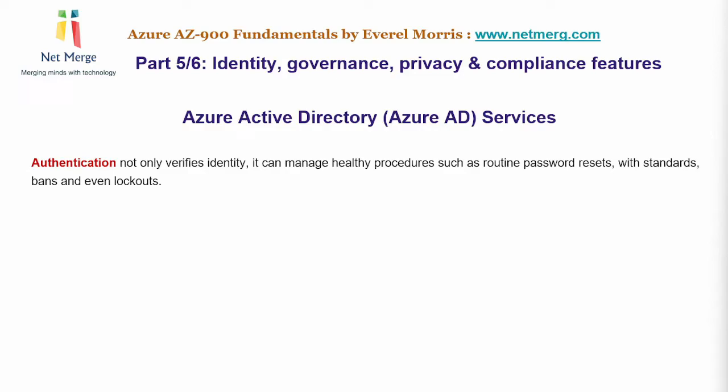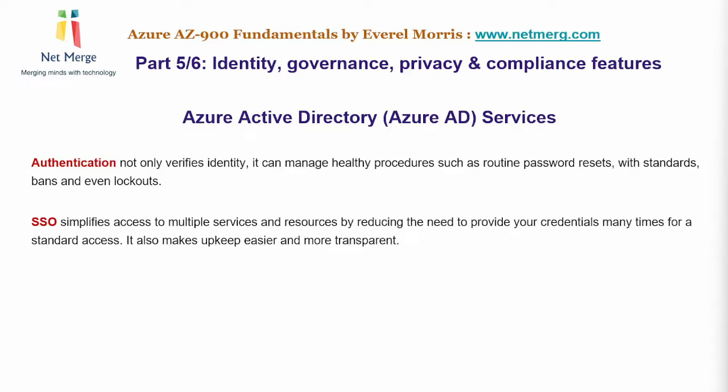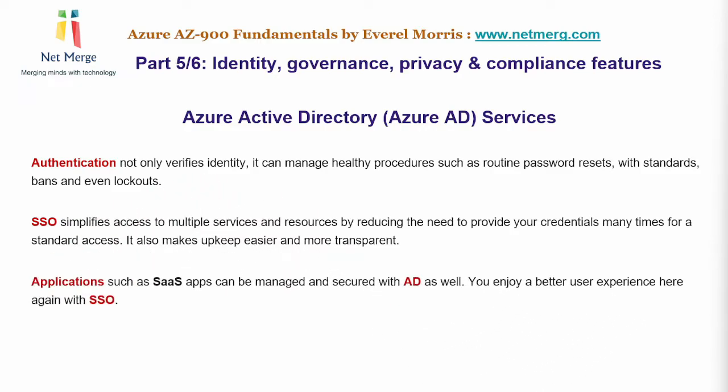You could set standards, you could ban, and you could lock out users for specific reasons. If they attempt and fail a certain number of times, you could do that. Now, single sign-on simplifies access to multiple services and resources by reducing the need to provide your credentials many times for standard access. It also makes upkeep easy and more transparent, and I'll explain a few examples of that.